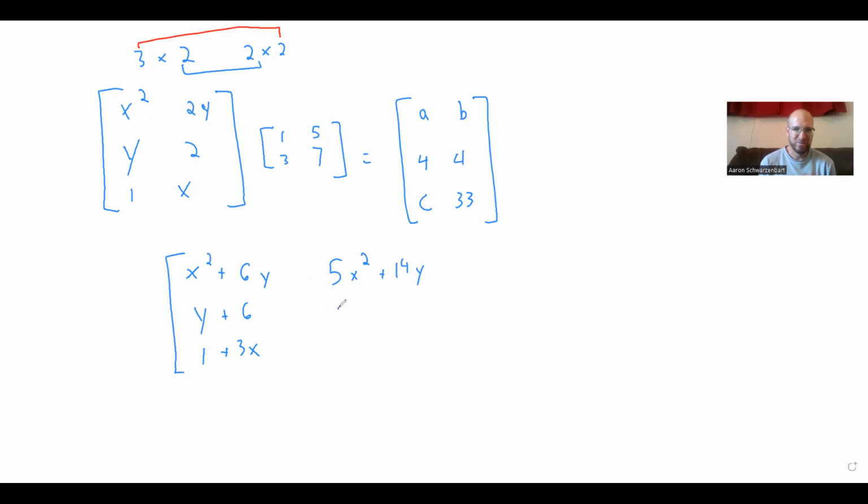Row 2 then is 5y plus, because that's y times 5, and 2 times 7 is plus 14. And then finally, 1 times 5 is 5 plus 7x. So I know that these are equal.